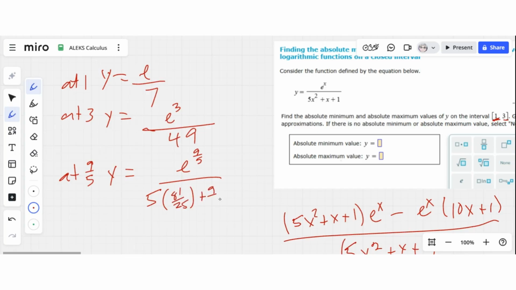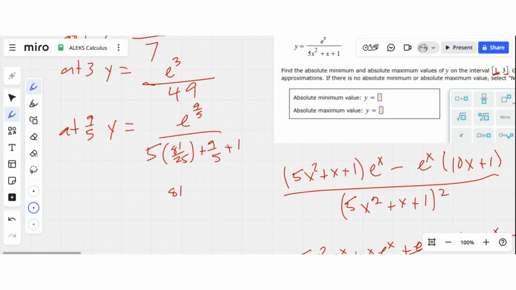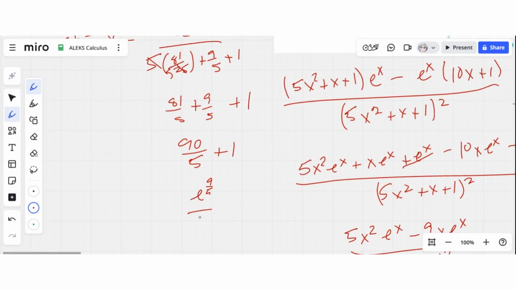This is plus 9/5 plus 1. So that's 81/5 plus 9/5 plus 1. Sorry, 81/5 plus 9/5 is 90/5, plus a 1, so 95/5. That is 19. So we've got e to the 9/5 over 19.